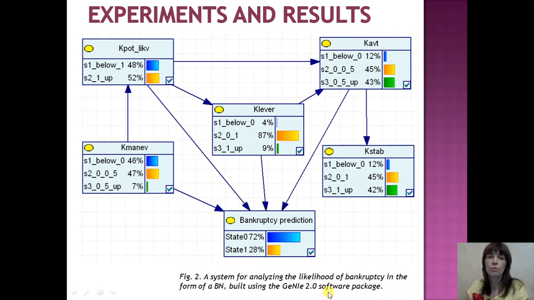We have five indicators: the coefficient of maneuver, coefficient of liquidity, coefficient of activity, coefficient of stability of the enterprise, and coefficient of leverage that influence the result node, bankruptcy prediction.